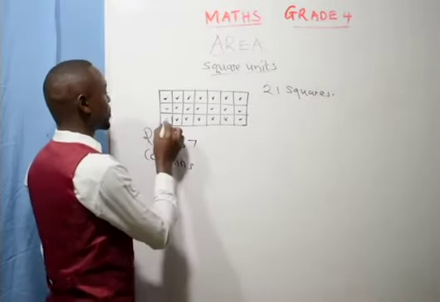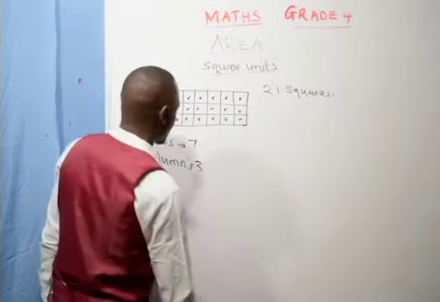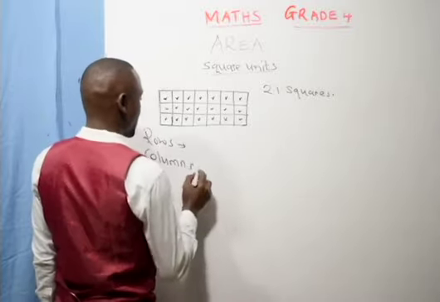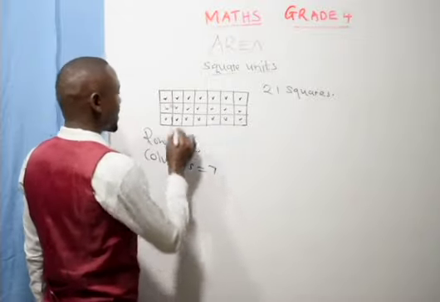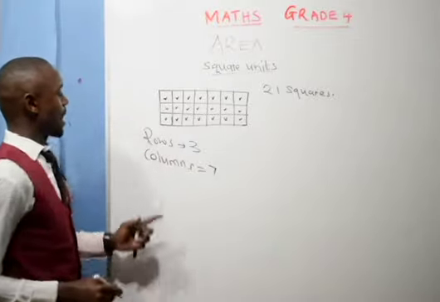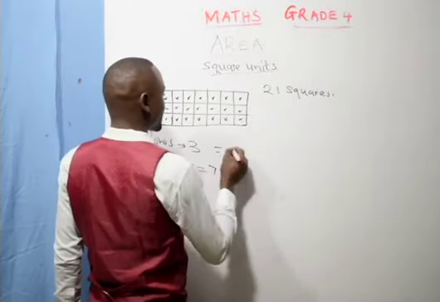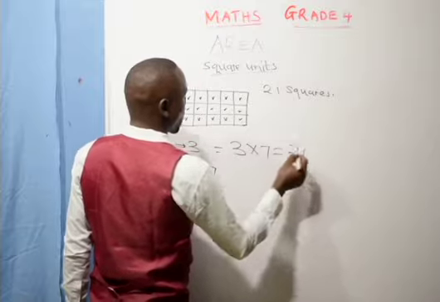We have 3 rows and 7 columns. So the total number of squares is 3 times 7, which is 21.